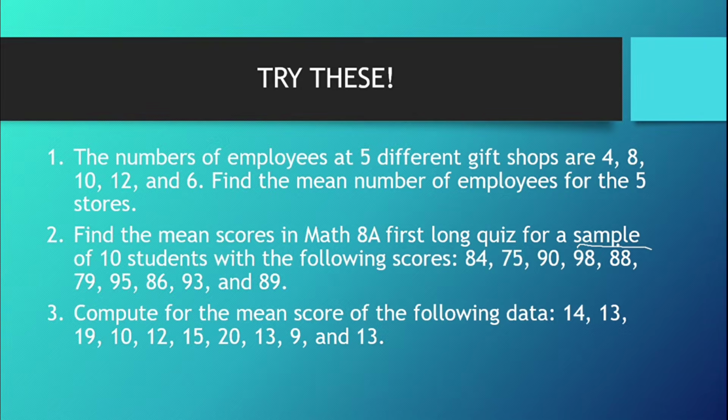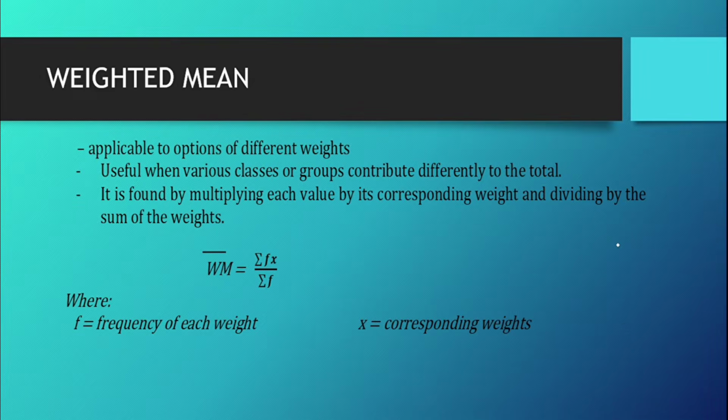Okay, so let's proceed with the next measure of central tendency, which is the weighted mean. It is applicable to observations of different weights, useful when various classes or groups contribute differently to the total. It is found by multiplying each value by its corresponding weight and dividing by the sum of the weights.